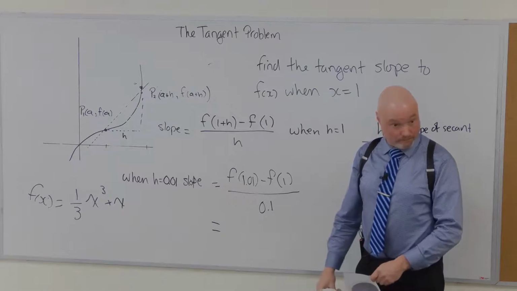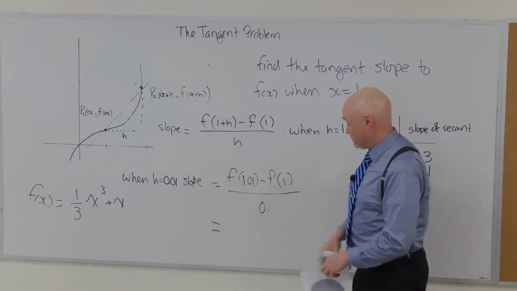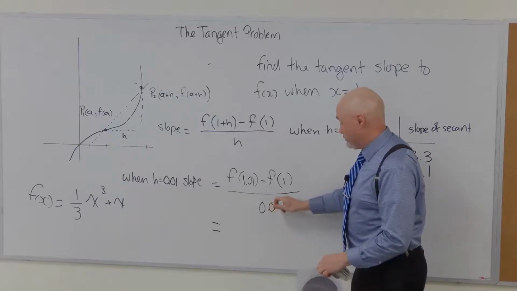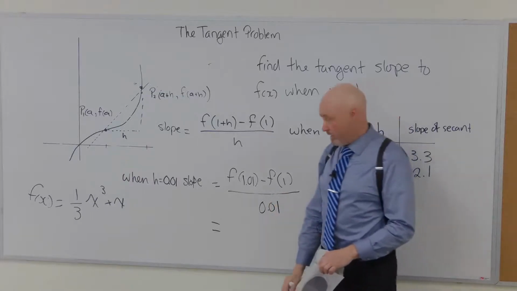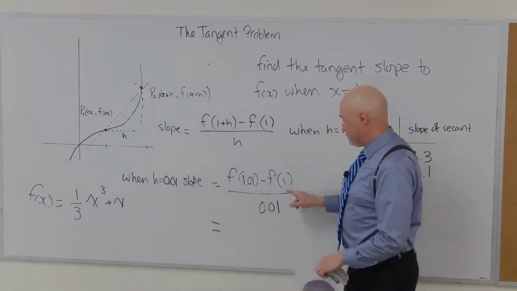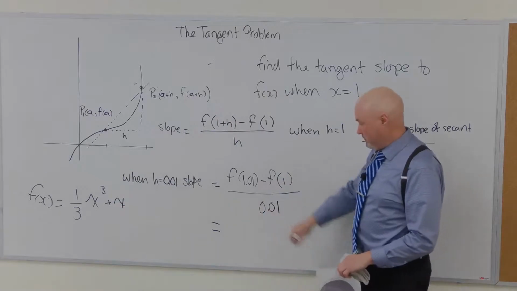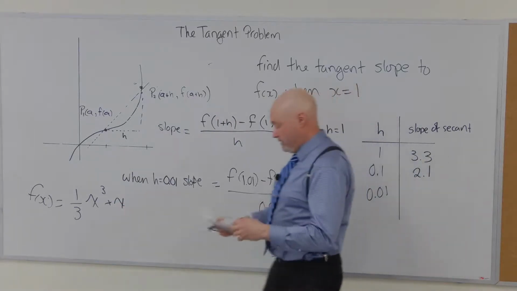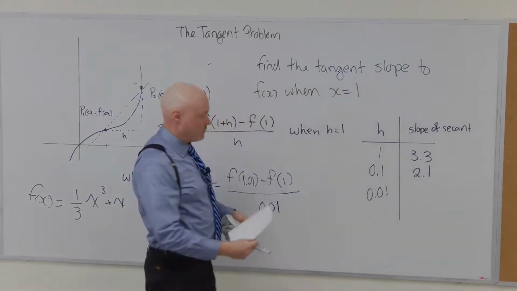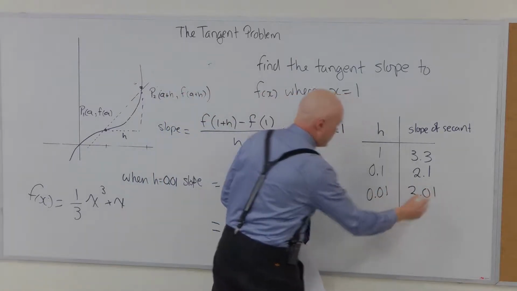We're dividing by 0.01, because that's our new run. Okay, so I just plug 1.01 into that. I subtract what I calculated before, divide by 0.01. And in this case, the slope comes out to 2.01.